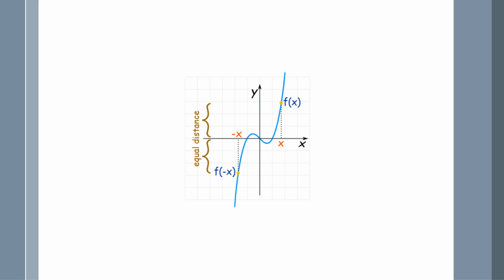When it crosses the origin and reflects around it, you could call that an odd symmetric function. And I'm going to discuss those examples of even and odd. It mainly deals with even and odd exponents.